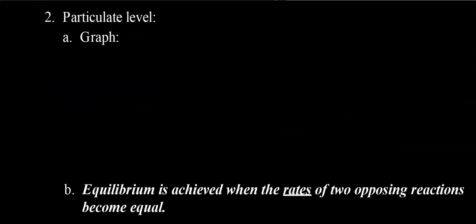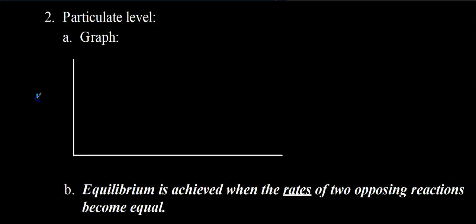All right, particulate level, submicroscopic. Again, let's draw one graph this time. Let me set up my axes. This time on the y-axis, we're going to put reaction rates. The x-axis is going to be time, and again, I'm going to use a couple of different colors. Let's start off with the forward reaction. You take some reactants, put them in a container, and allow them to react.